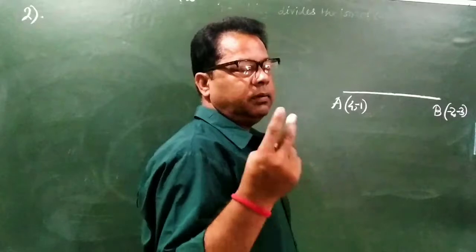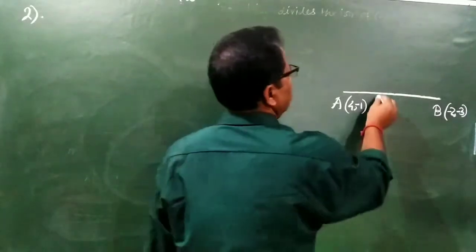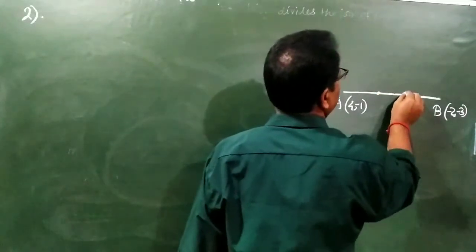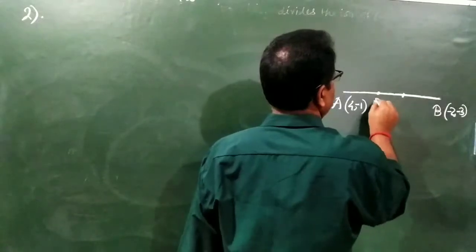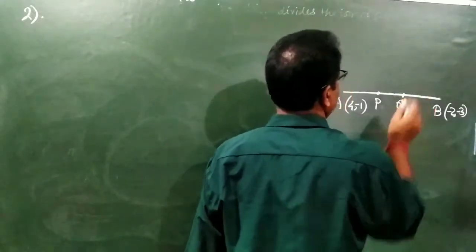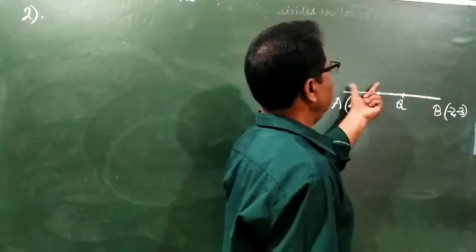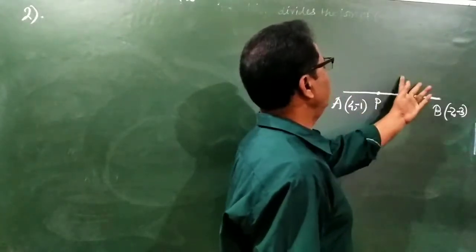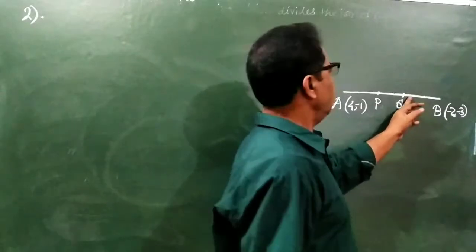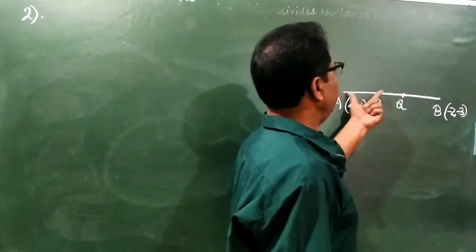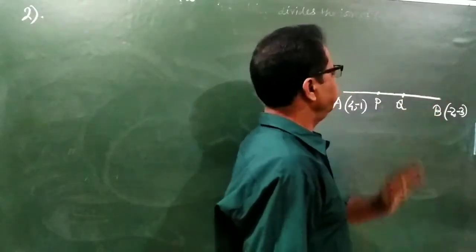Trisection means dividing into 3 equal parts. Then 2 points will be there on the line. Name them P and Q. So when we take AP, the ratio will be 1 on this side and 2 parts on the other, then 1:2. When we take point Q, the ratio will be this side first part, second part, 2:1.